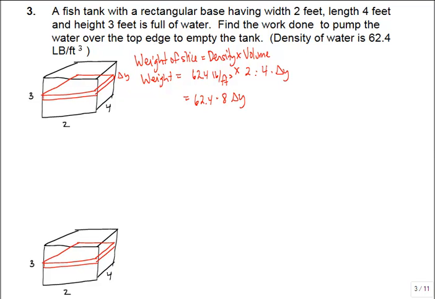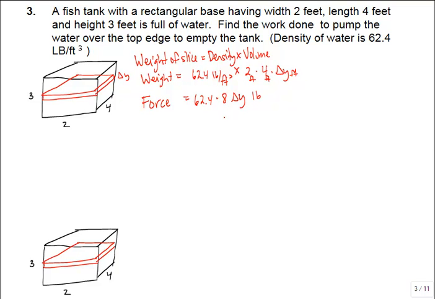And this is a foot, this is a foot, and this is a foot, so the feet cancel out the cubic feet on the bottom, so this is going to give us pounds. And now we've turned this volume, using the density, into a weight, and in this context, this weight is going to be the force function that we're going to be using when we do our work integral. Remember that work is always the integral of your force over a distance. So now we have our force right here.